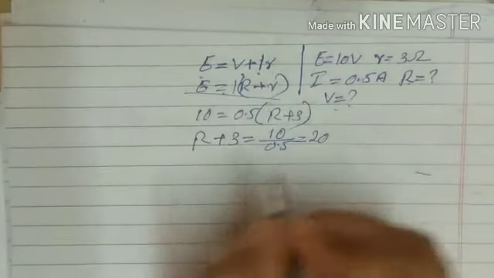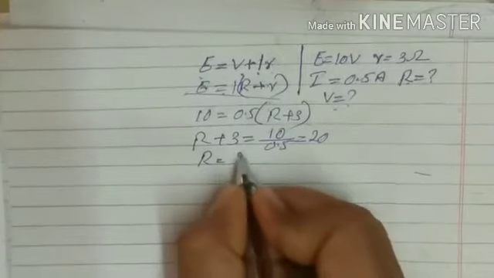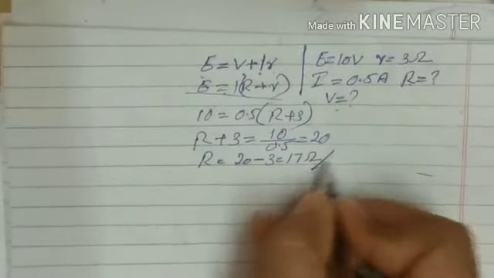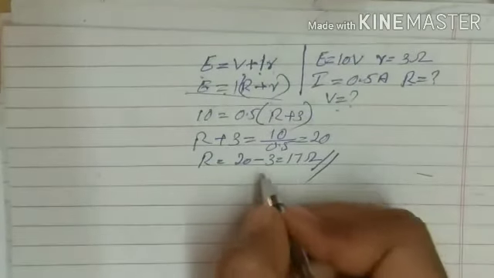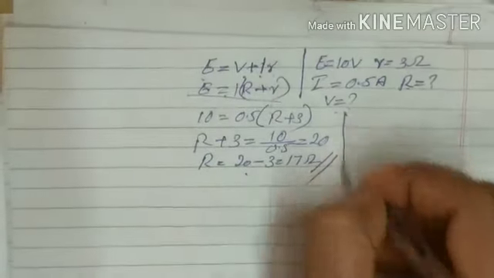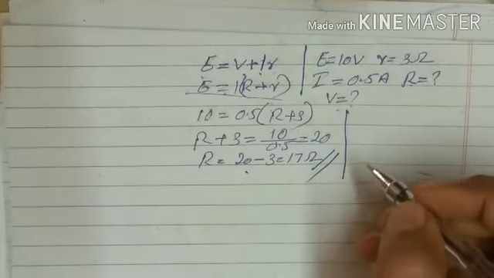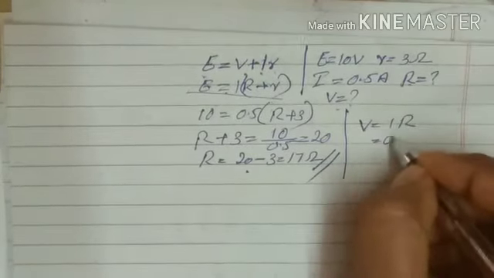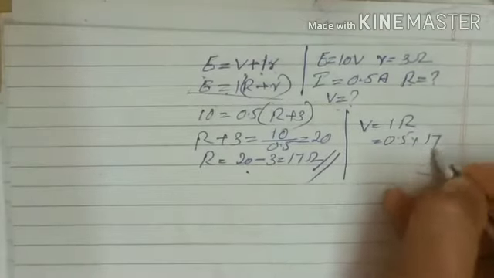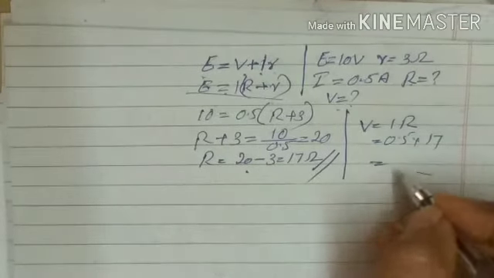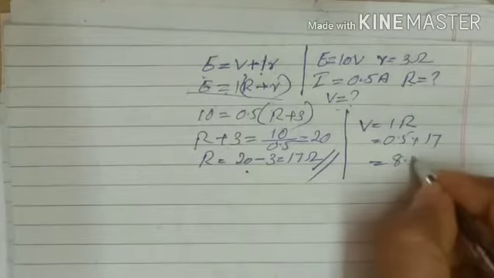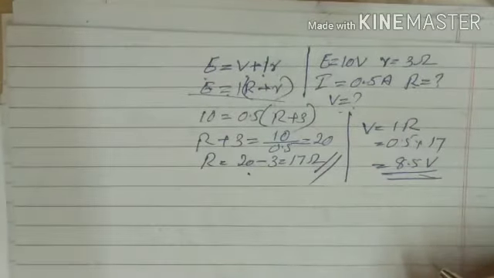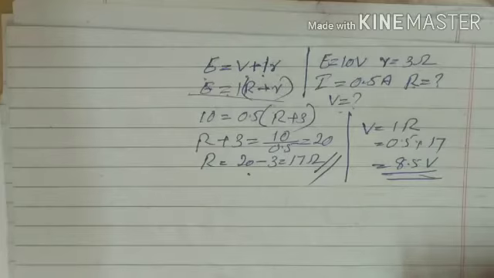Or R is equal to 20 minus 3, that is equal to 17 ohm. So we got the resistance of the circuit. Once we have the resistance of the circuit, we can use Ohm's law, V is equal to I R. We know I is 0.5 into R is 17. So what is V? 0.5 into 17 is equal to 8.5 volt. So that is the potential in the circuit. Okay, clear?